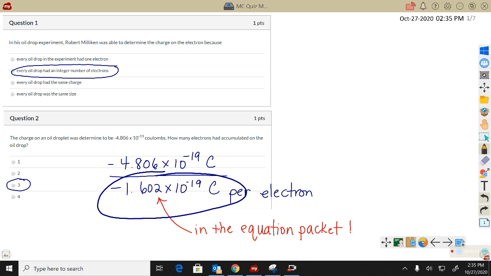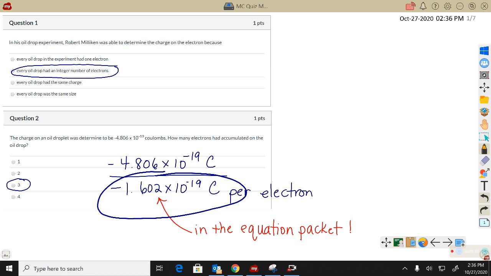Now, in this experiment, Millikan had ionized the air in this chamber, which just meant that he knocked electrons off of the atoms in the air. So there were free electrons moving in this air, and he sprayed a very fine mist of oil into this chamber.